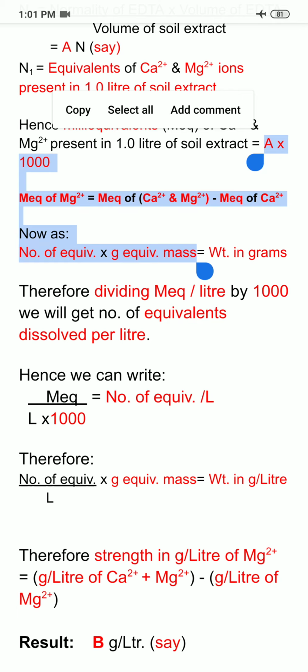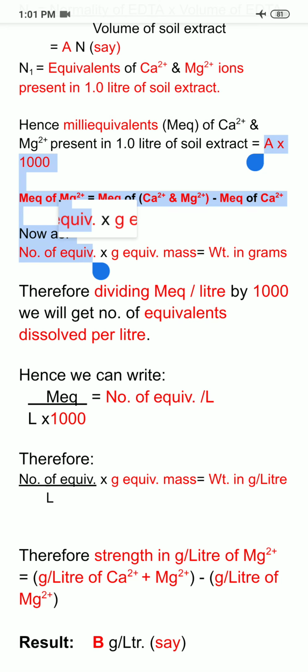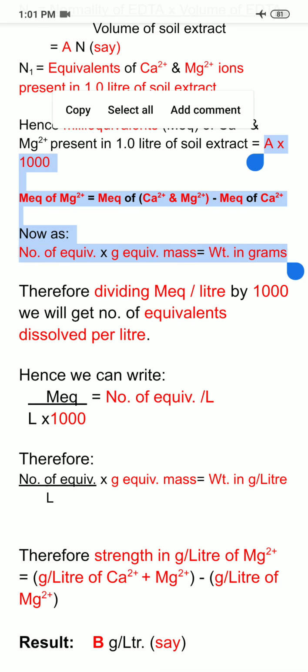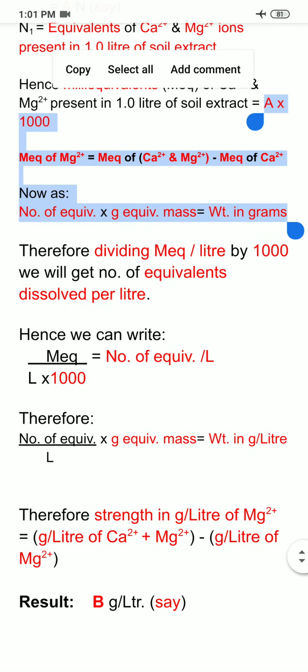As the gram equivalent mass of sodium hydroxide is 40 and the number of equivalents is 2, the weight of 2 gram equivalents of sodium hydroxide will come out to be equal to 80 grams. So on a similar pattern, I have written number of equivalents multiplied by gram equivalent mass will be equal to weight in grams.